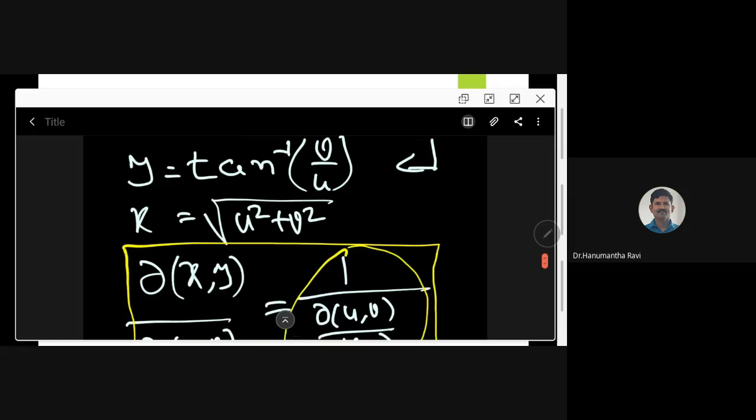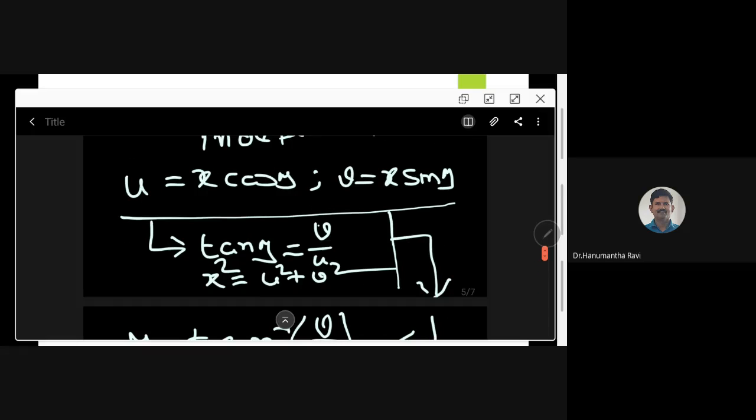What is the relationship we are seeing? Tan y is equal to v by u. So from this, what can we say? If you differentiate with respect to u, the derivative of tan y is secant square y.